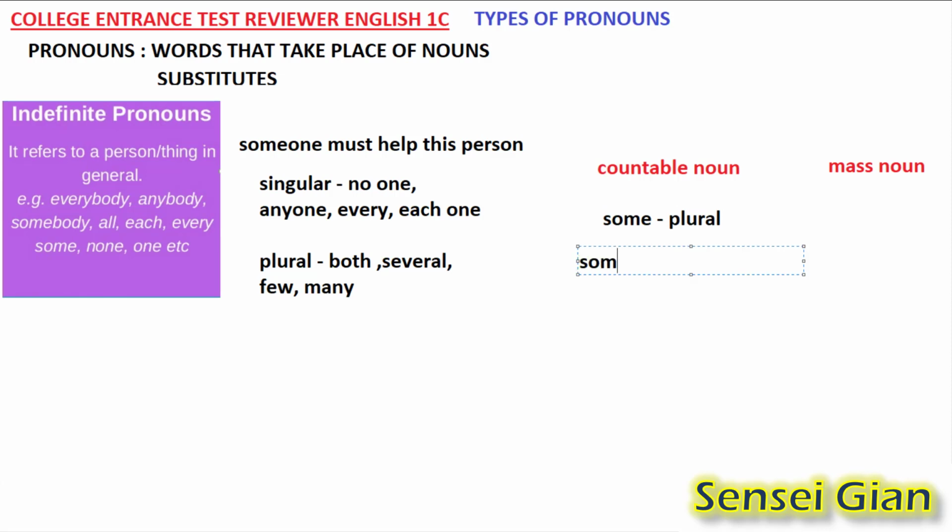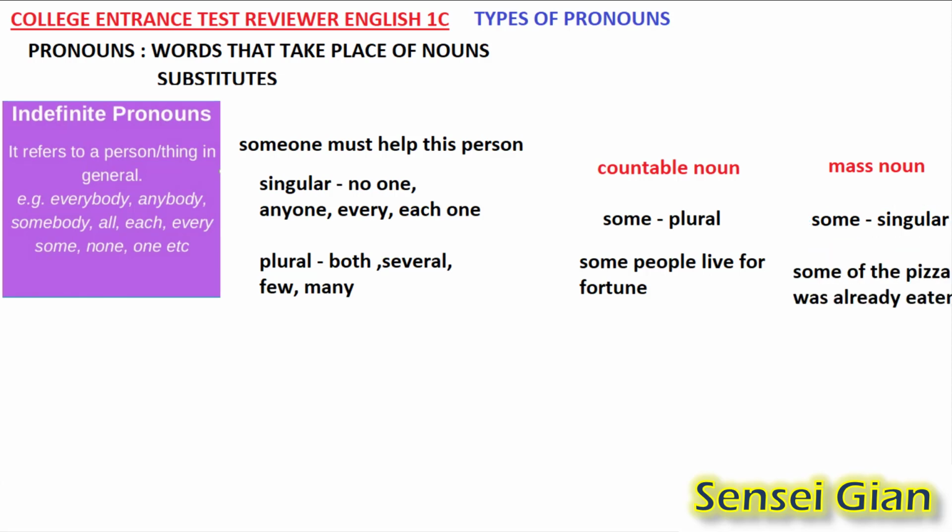Some people live for fortune. But if you use it with a mass noun, it's singular. Why? Because a mass noun cannot be counted. For example, some of the pizza was already eaten. See there that it's "was", so it's a singular verb.